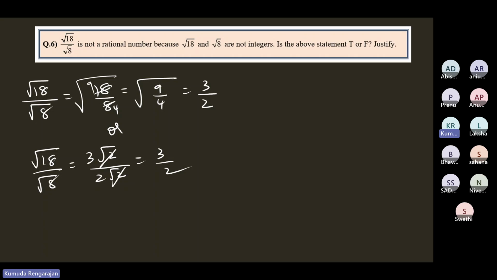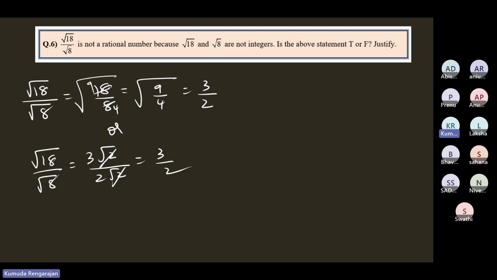Say somebody is telling you that root 18 by root 8 is not a rational number because root 18 and root 8 are not integers. Because what is a rational number? Integer by integer is a rational number. Root 18 is not an integer, root 8 is also not an integer.